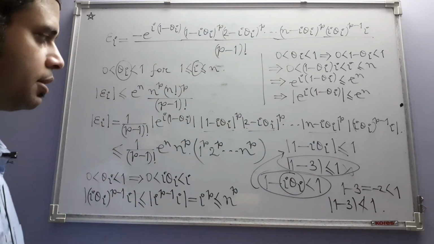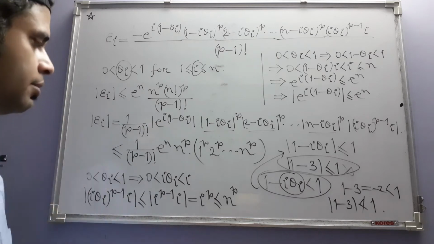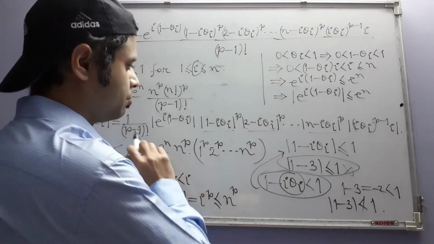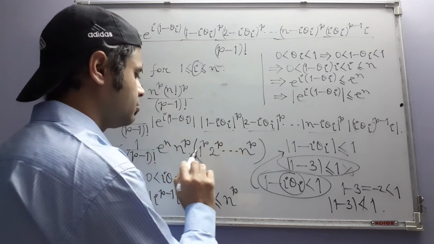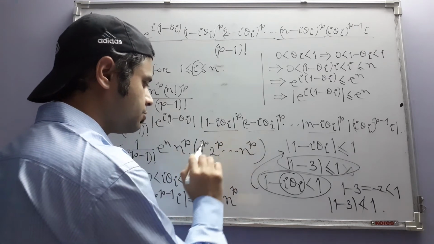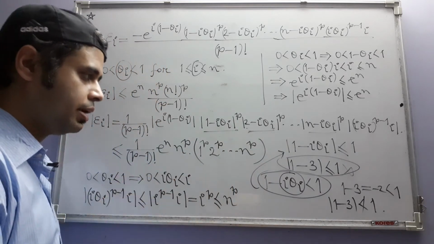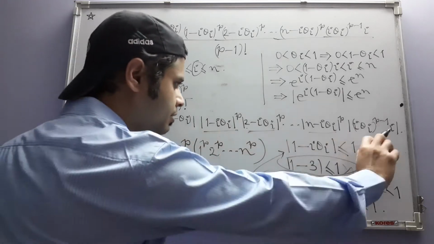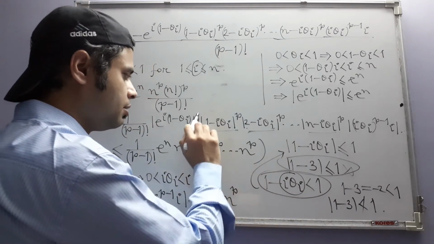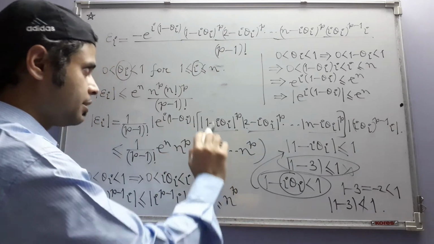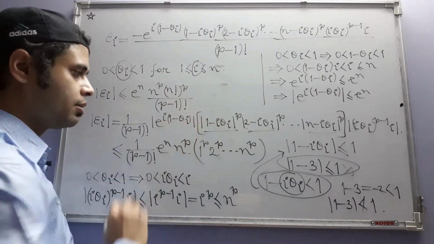Okay, now comes the point. You may think that maybe the author has not actually replaced this with 1, this with 2. Maybe he has done something else, so that the end result is that this product is less than or equal to n factorial to the power p.